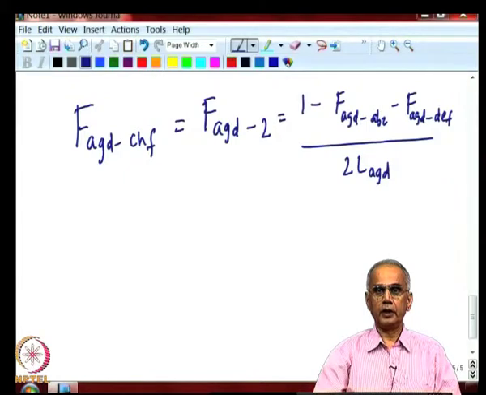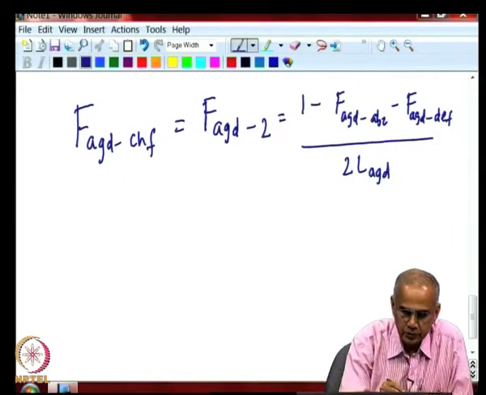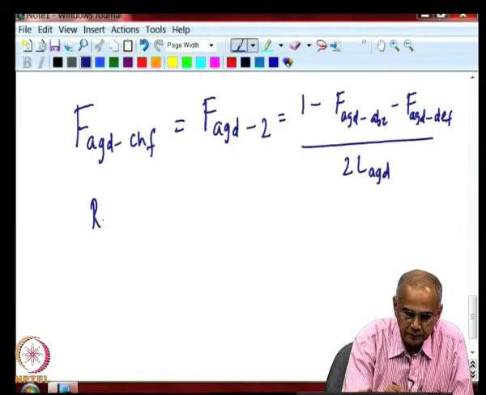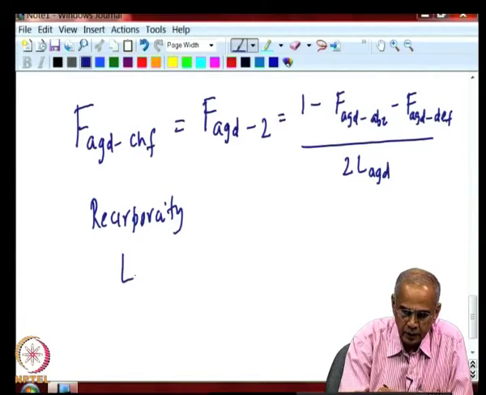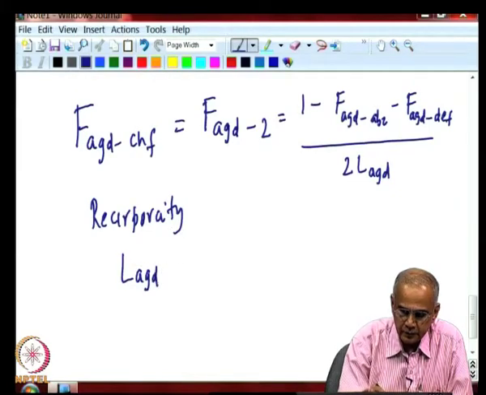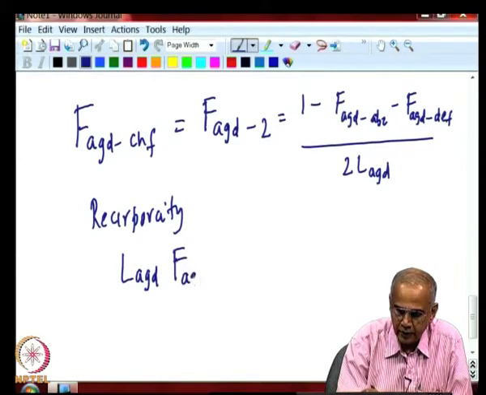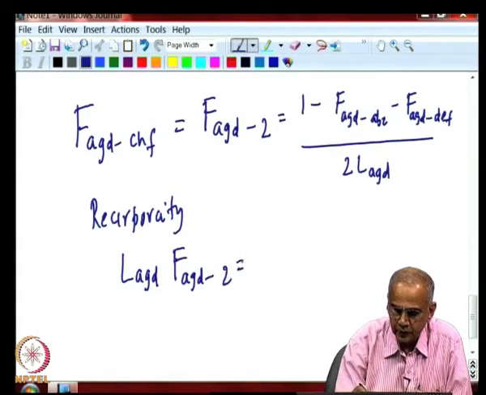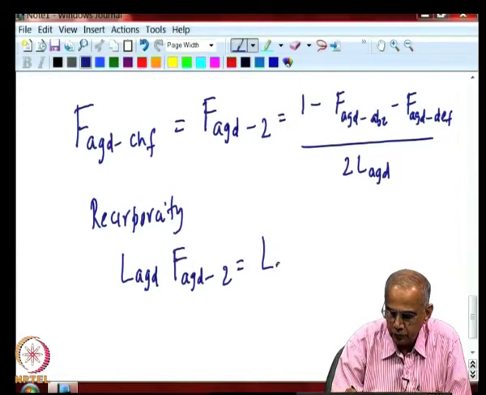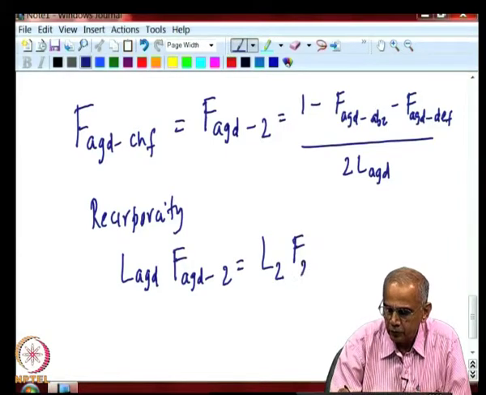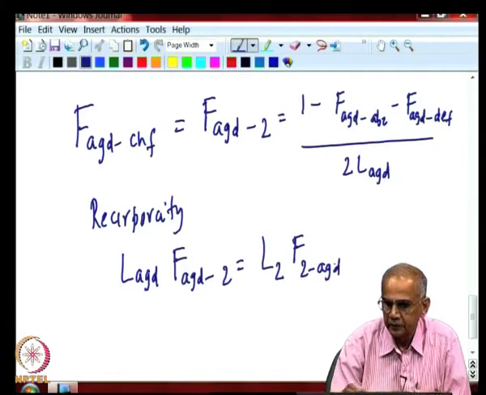Now, the way we are going to get F12 is to use reciprocity, which says that length of AGD times F AGD to 2 is equal to length of 2 times F 2 to AGD. This is the reciprocity.